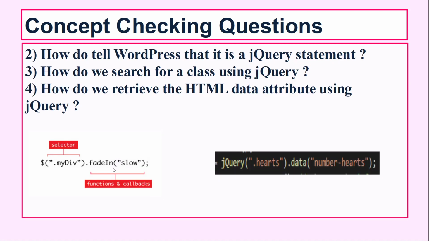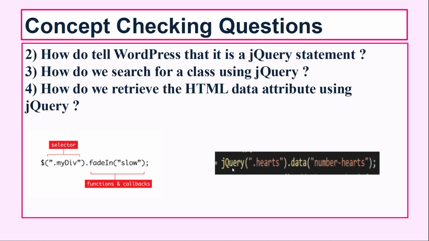The second one, how do we tell WordPress that it is a jQuery statement? Well, if we look here, this is a normal jQuery statement in website development. So you have that $ sign here to tell the browser that this is a jQuery statement. However, in WordPress, you do have to use the full name.